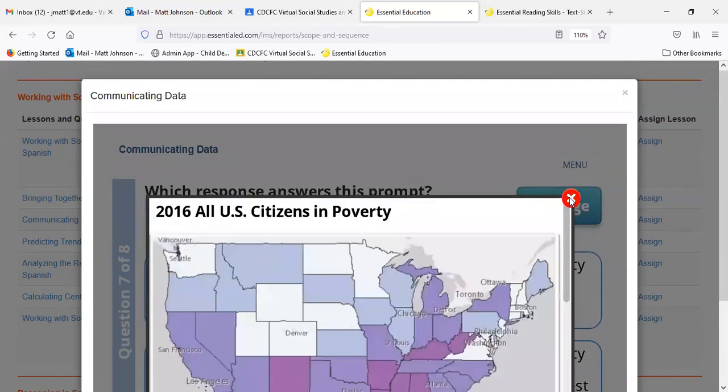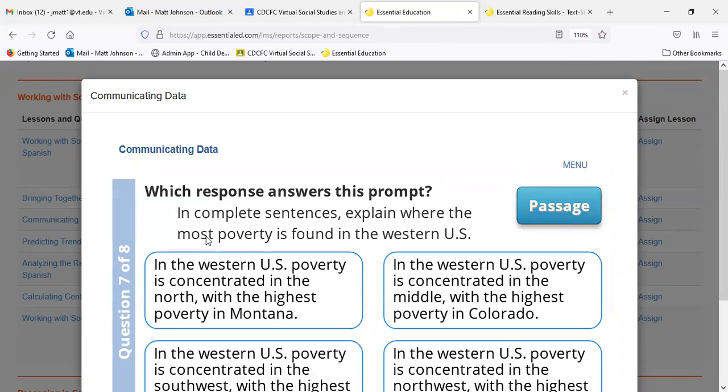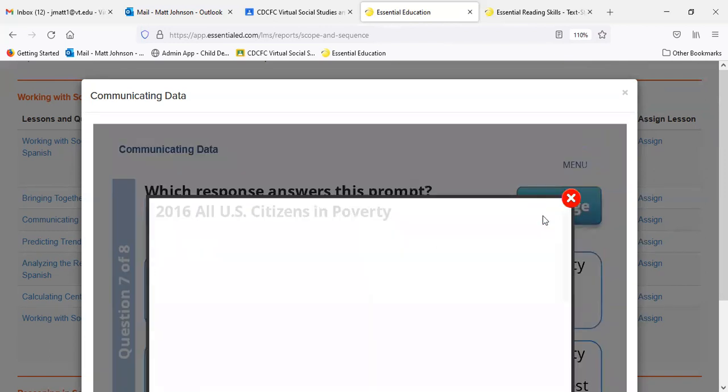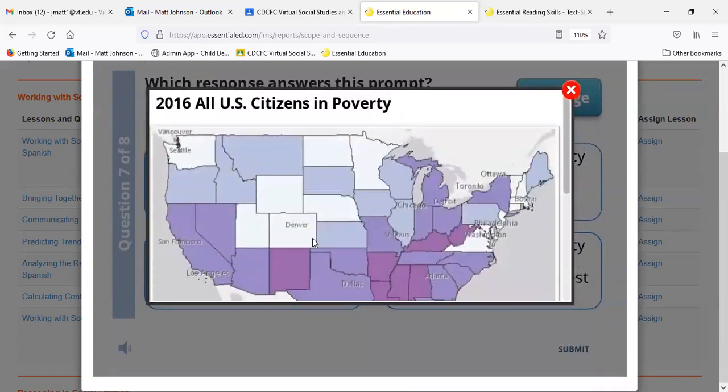And then what it specifically asks us, incomplete sentences, explain where the most poverty is found in the Western U.S. So here we're also talking about, it's a little bit arbitrary where we say the West starts, but typically Texas and Colorado. So from Texas on, all of this was considered the West. This is like the Great Plains states, right? Kansas, Nebraska.